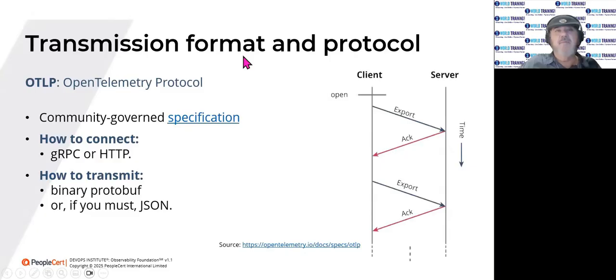The transmission format and protocol, again, is OTLP, OpenTelemetry Protocol. The open source community governs the specification. You can use gRPC or HTTP to connect to it and transmit through binary protobufs, or if you must, JSON is kind of a secondary option.